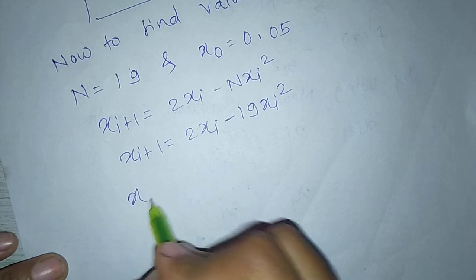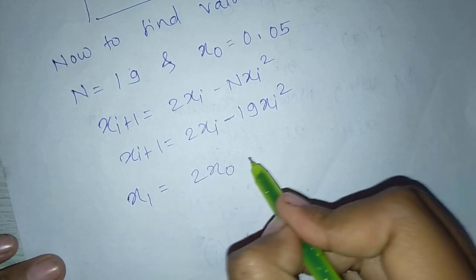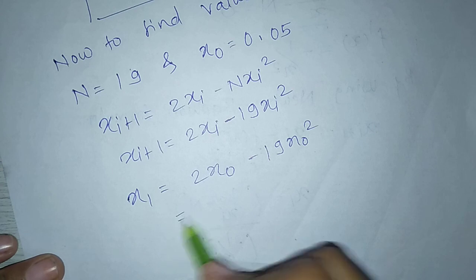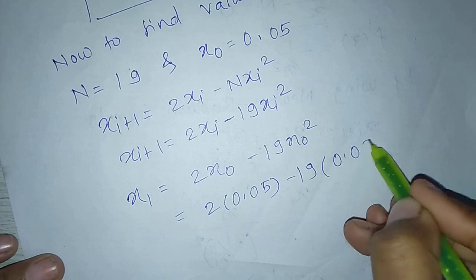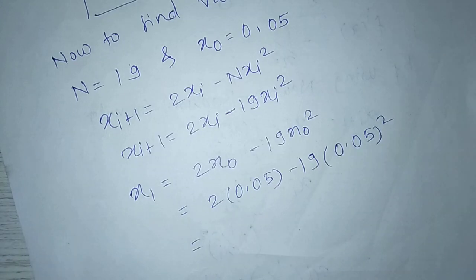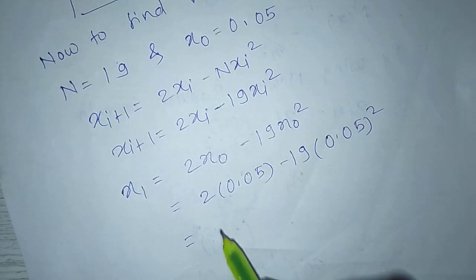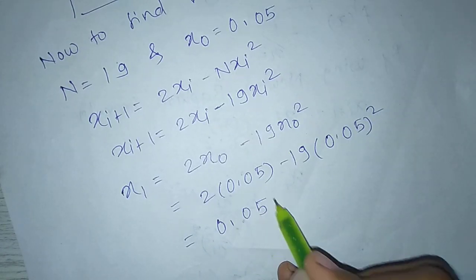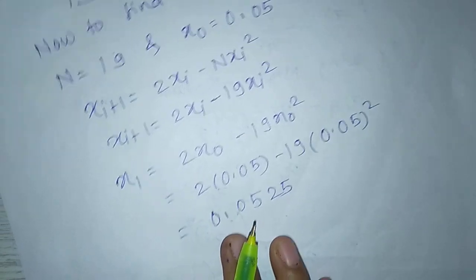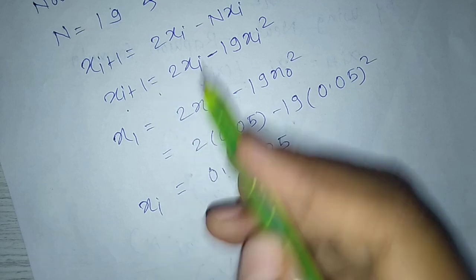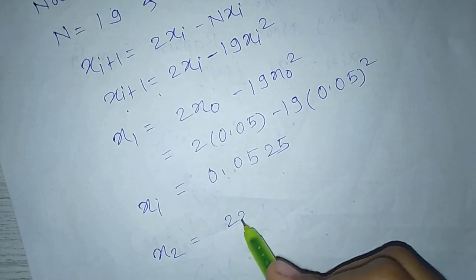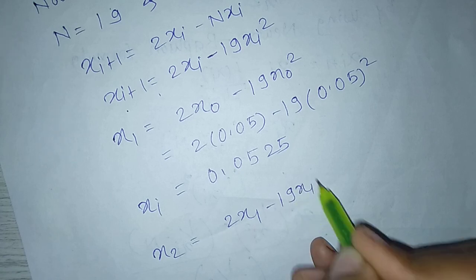Now to find x1, putting i equal to 0, the formula becomes x1 equal to 2x0 minus 19x0 square, equal to 2 into 0.05 minus 19 into 0.05 square, equal to 0.0525.